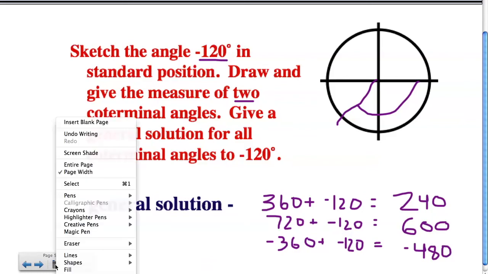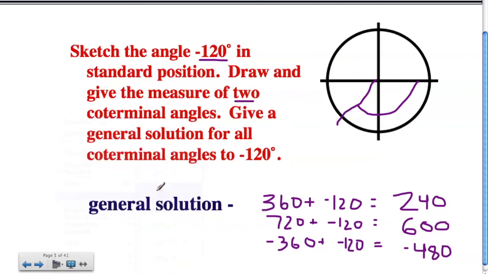Now if it asks for the general solution, because we can keep on going forever, we would just say negative 120, that's the angle they gave us, plus, and you can say minus, because I did do the minus down here, 360n.